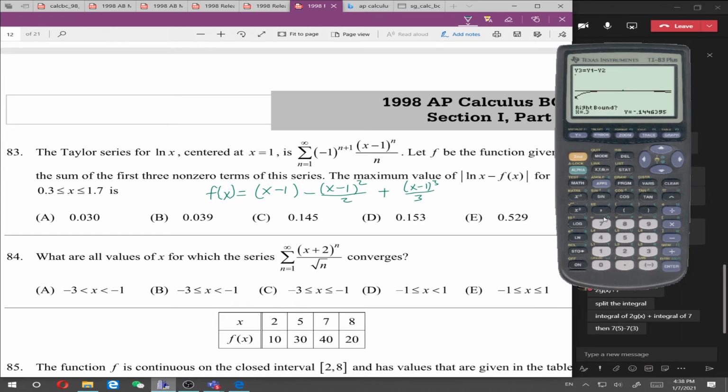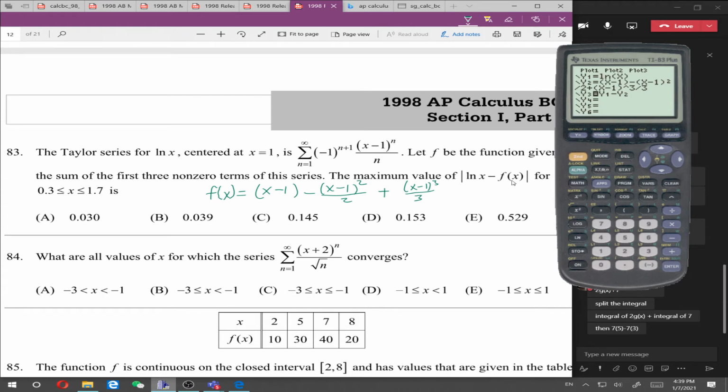Right bound 1.7. That's not good. Okay, we didn't match any of our options.